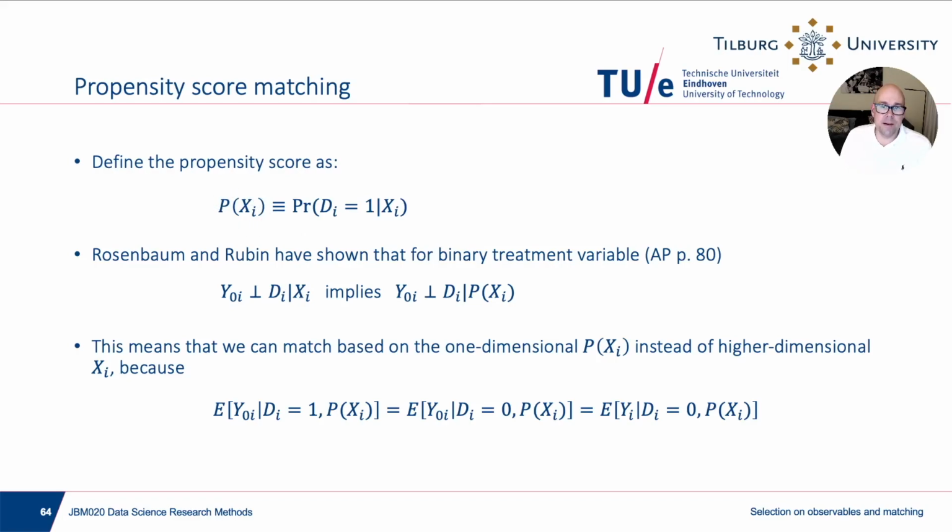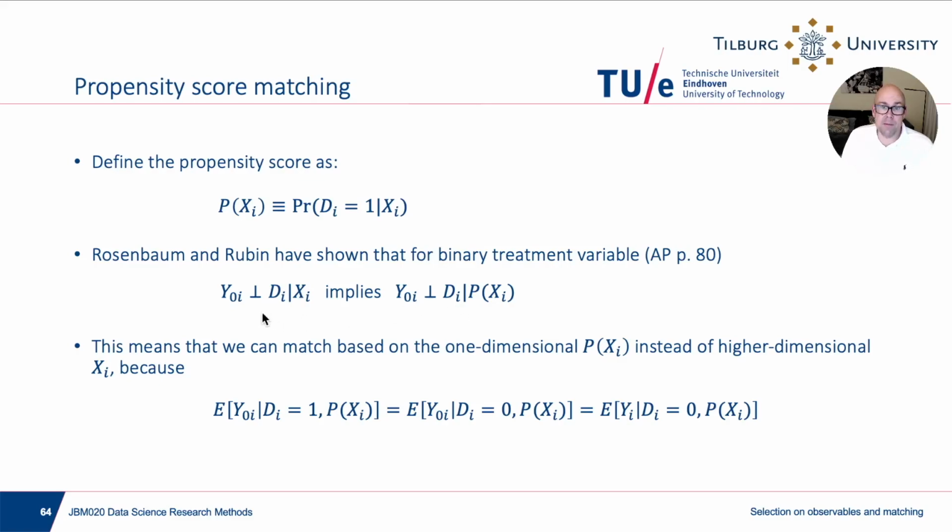Then there's an important result, by Rosenbaum and Rubin. What they have shown is that when y0 is independent of d given x, then y0 will also be independent of d given p of x.